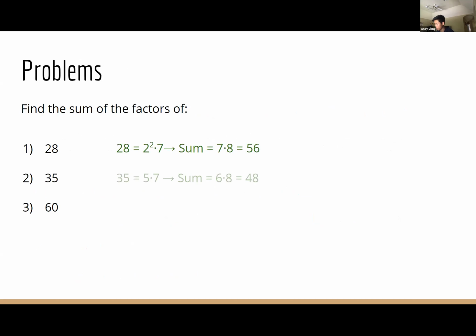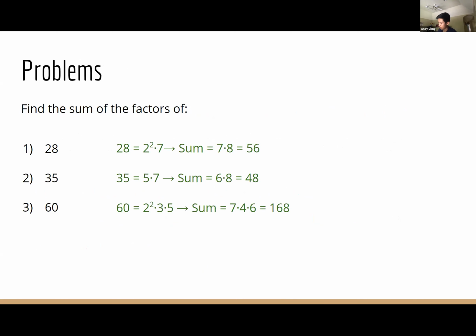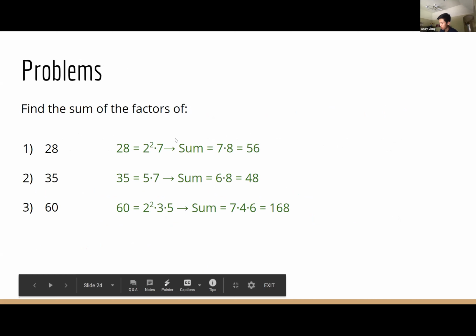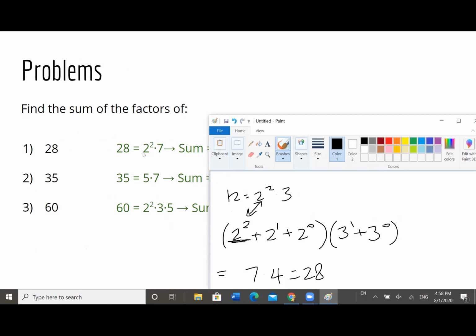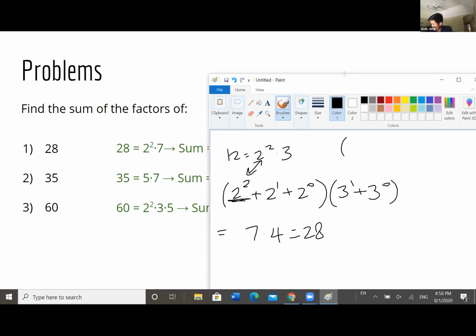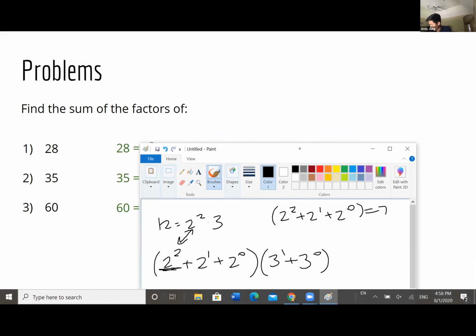But I'll just go through the answers here because we don't really have time. I want y'all to have a break. So the sum of the factors of 28 would be 7 times 8, because we can write 7 as 2 squared plus 2 to the first plus 2 to the 0, which is 7. So that's where this 7 comes from. And then for the other power, that's 7 to the first plus 7 to the 0.